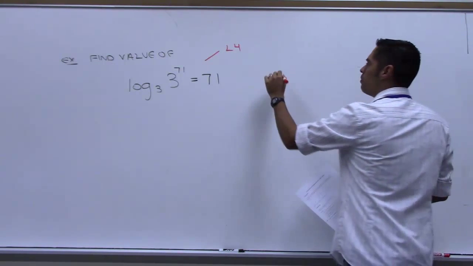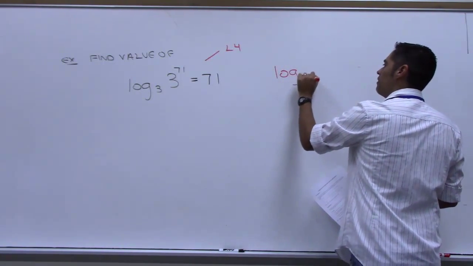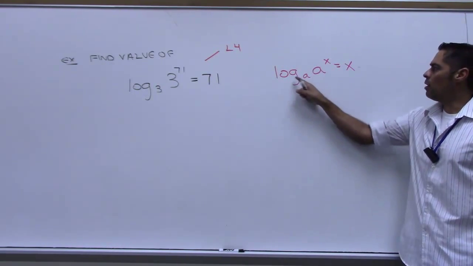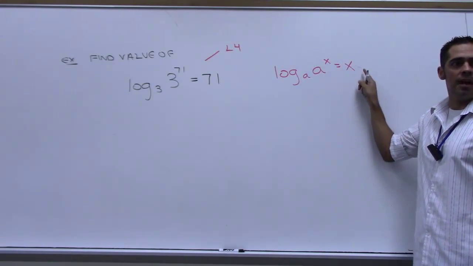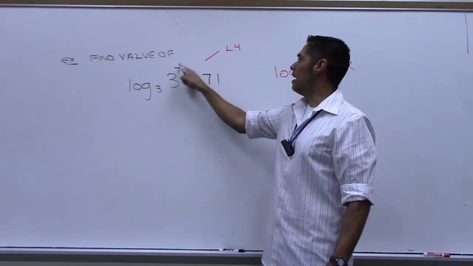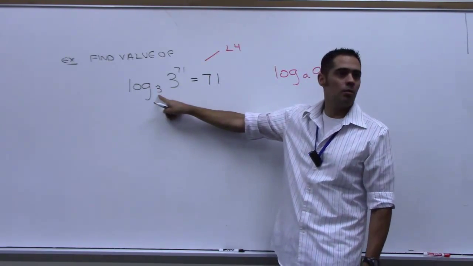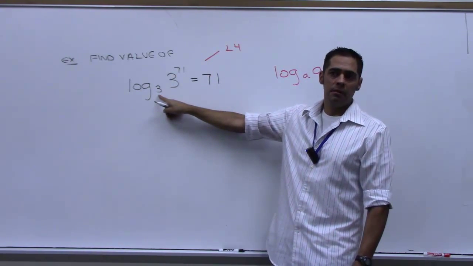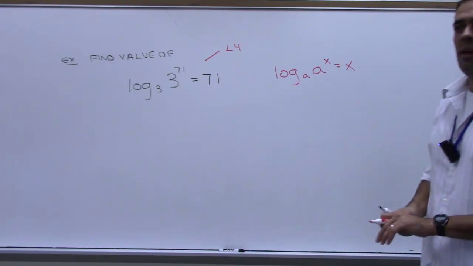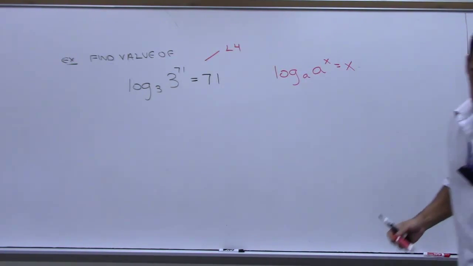All right. I'm not going to write the property next to this every time because we don't have time for this. That's property 4 I'm talking about. When you have log base a of a to the x, the answer is x. Now, what if this number down here would have been 4? I couldn't use the property, and I wouldn't ask you that question. So it was very important that that 3 was there.